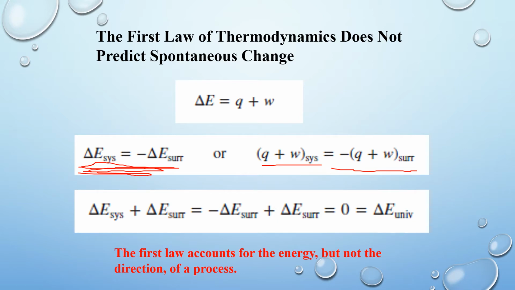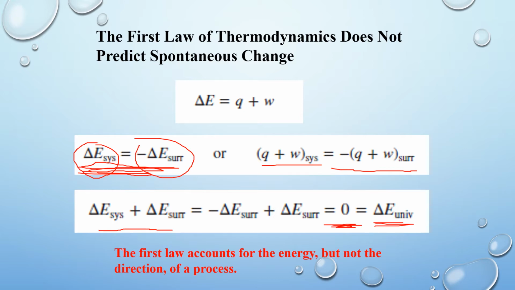Because they have opposite signs, if you add them up, they equal 0. The universe is the sum of the system and the surrounding, so the change of energy in the entire universe is always 0. That's what the first law of thermodynamics states.